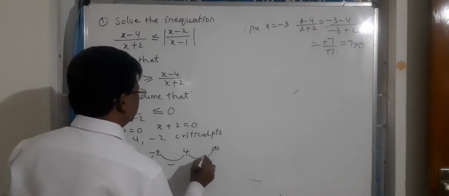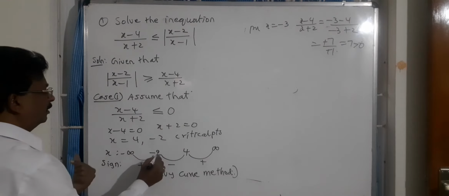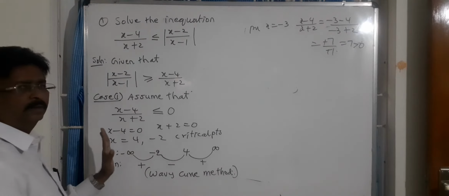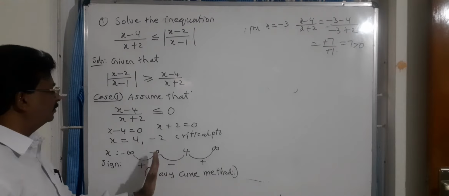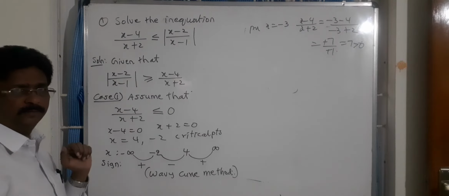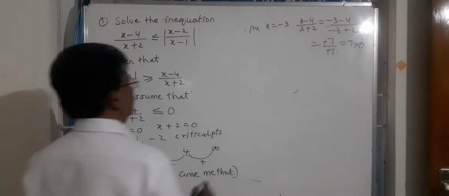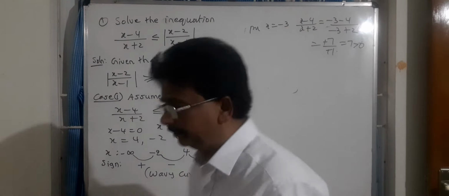Now we want the negative cases, negative interval. Where is the negative interval? -2 to 4. In this -2 to 4 interval, this is negative. Therefore, we have to collect for this inequation.